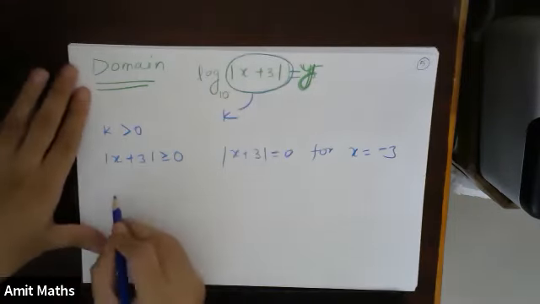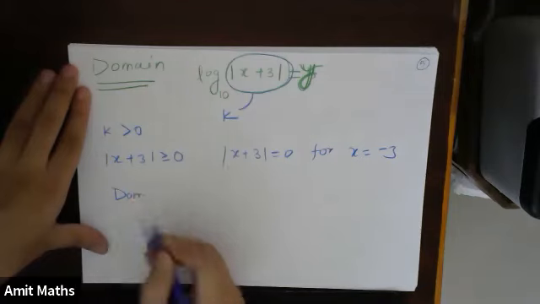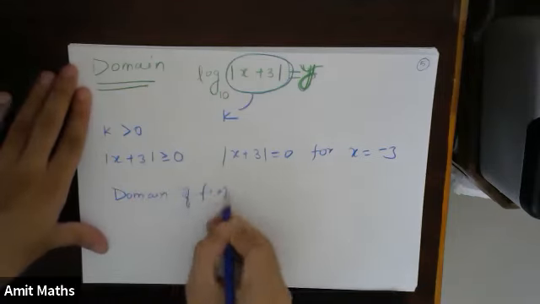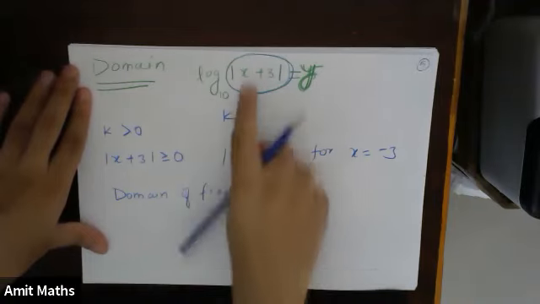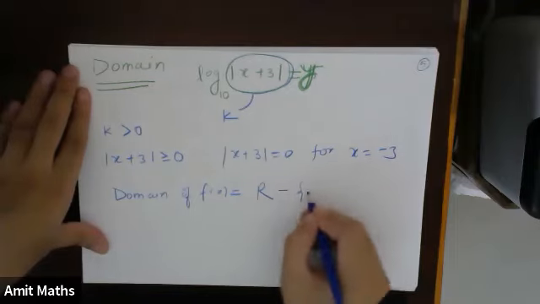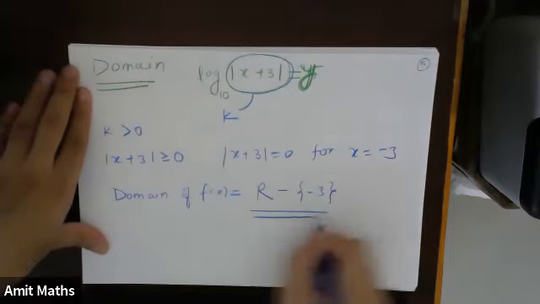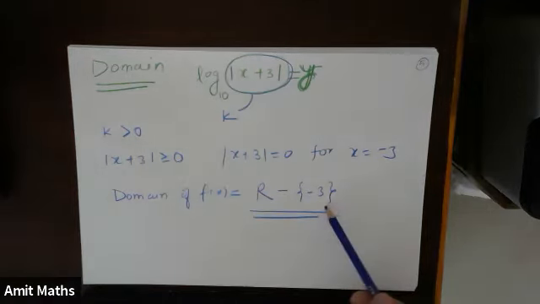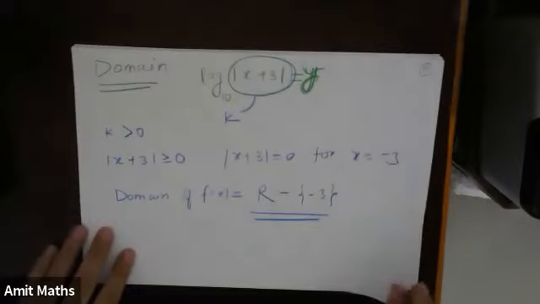So the domain of this f of x will be all real values except minus 3. Understood? Okay, next.